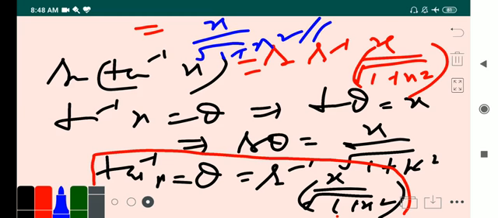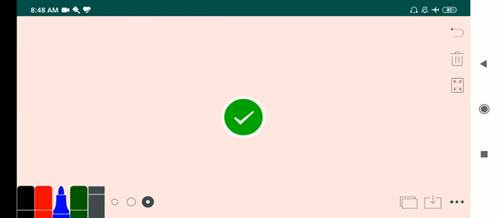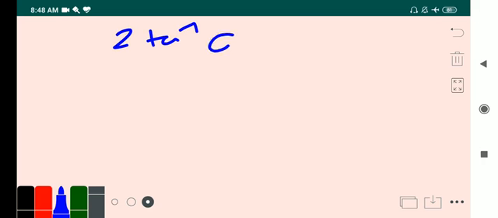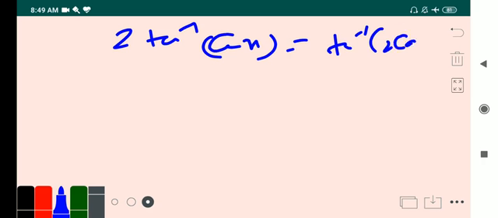So we can solve this set of questions easily using these conversions. Let us solve a few more questions based on this. The question is: solve 2 tan inverse cos x equal to tan inverse 2 cosec x.